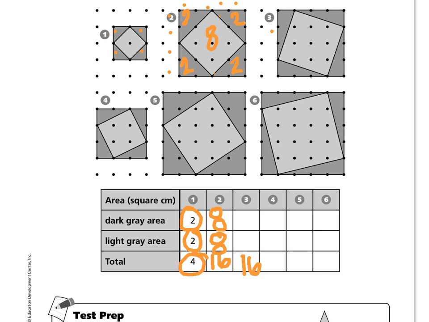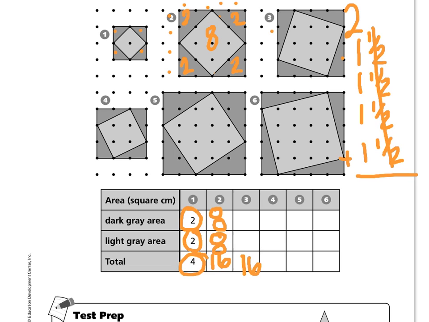I know that for each dark gray triangle it's going to be 1 1/2. But I have 1 1/2 times 4, so you can add that all together, or you could multiply 1 1/2 times 4. I know 1/2 plus 1/2 is 1, and 1/2 plus 1/2 is another 1, so that the halves equal 2 full.